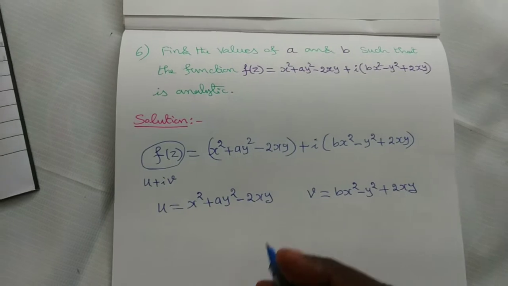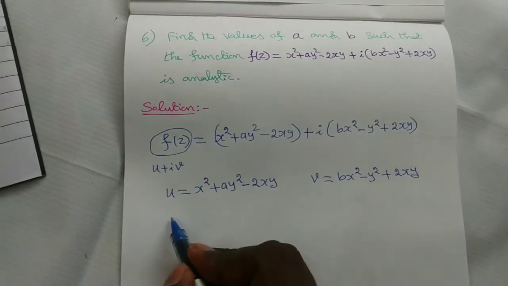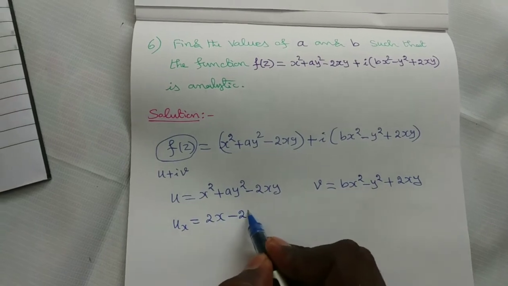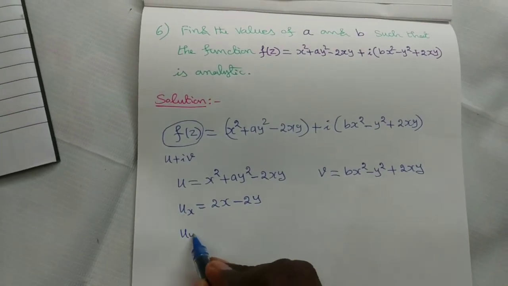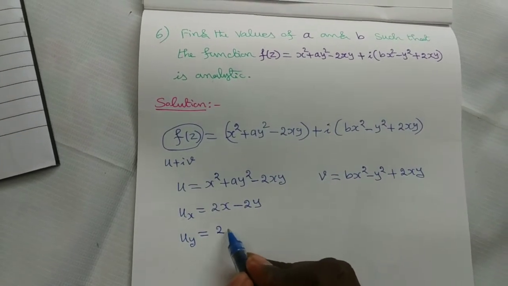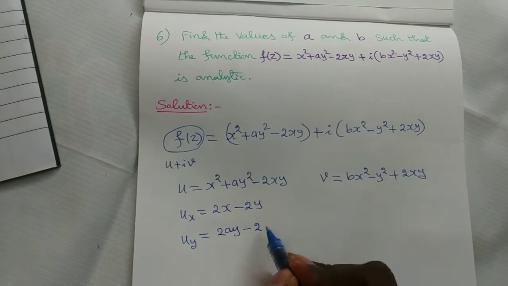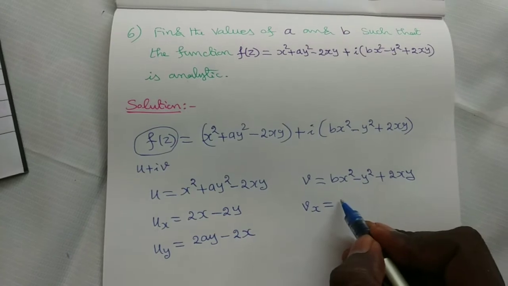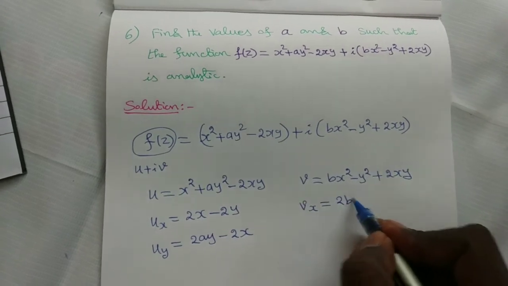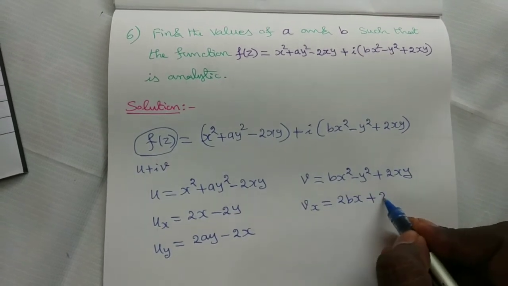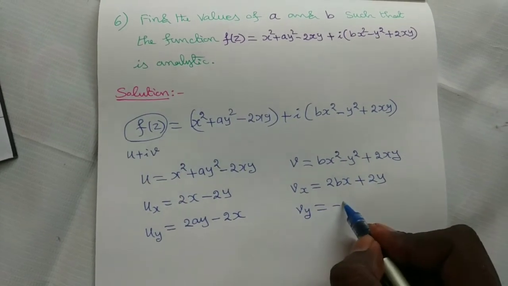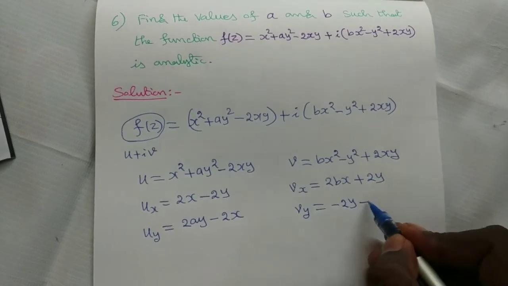Now for the CR equations I want to find ux. So ux is 2x minus 2y, uy is equal to 2ay minus 2x, vx is equal to 2bx plus 2y, and vy is equal to, with respect to y, minus 2y plus 2x.